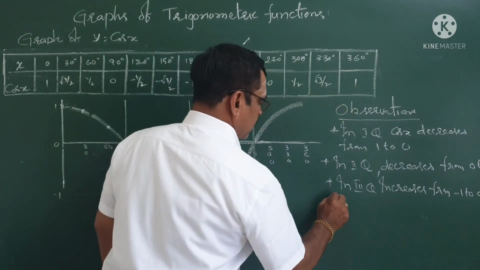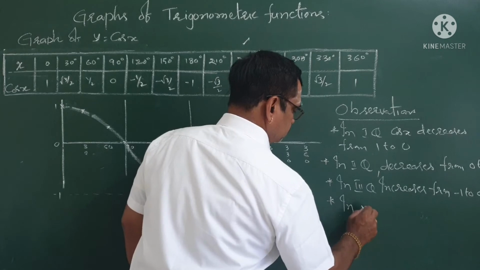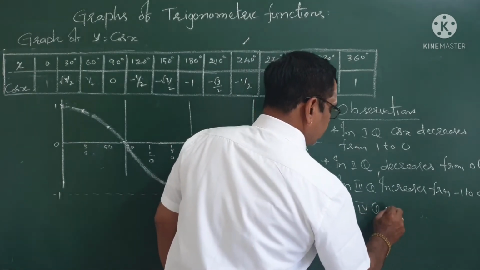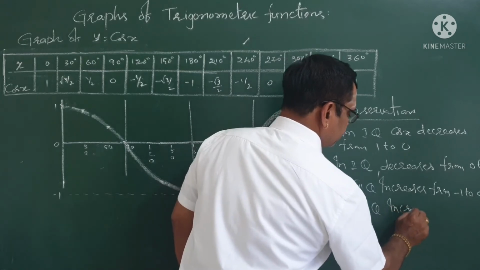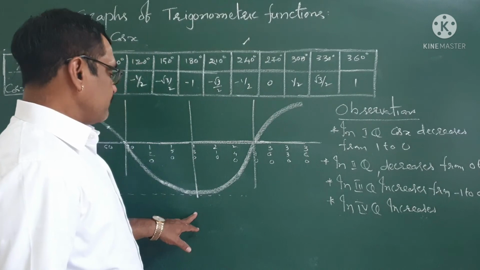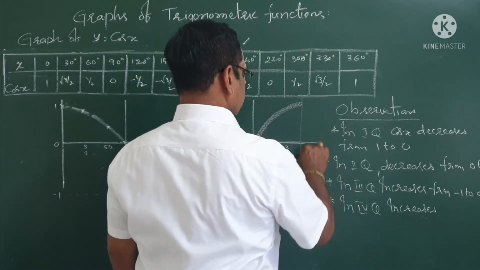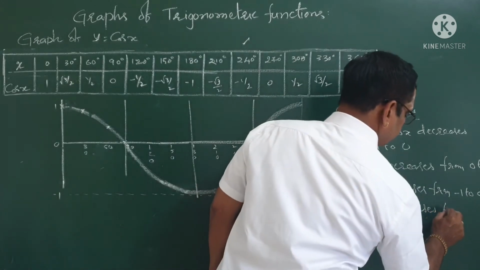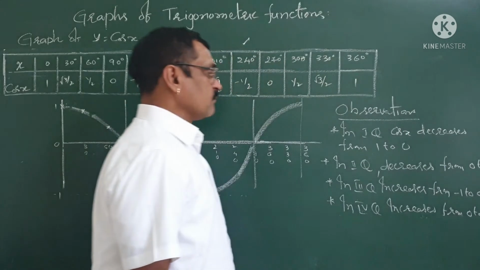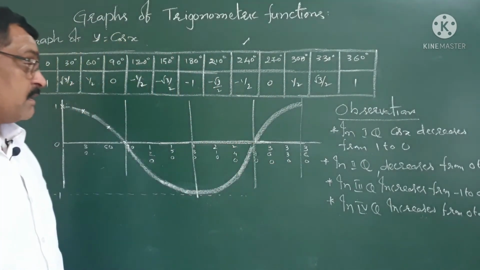Next one, the last, in the fourth quadrant, it again increases from 0 to 1. So first quadrant, second quadrant, third and fourth quadrants.